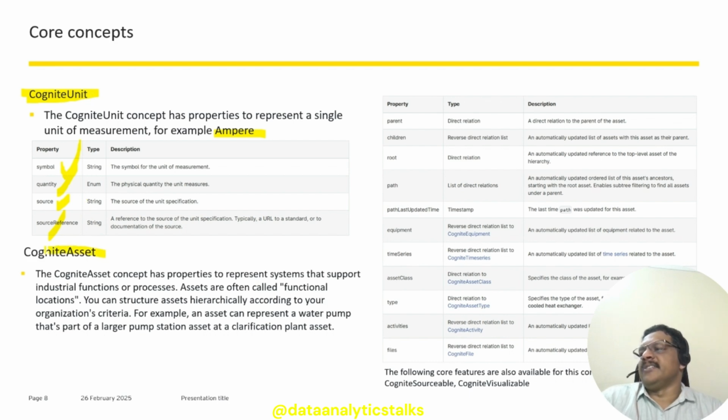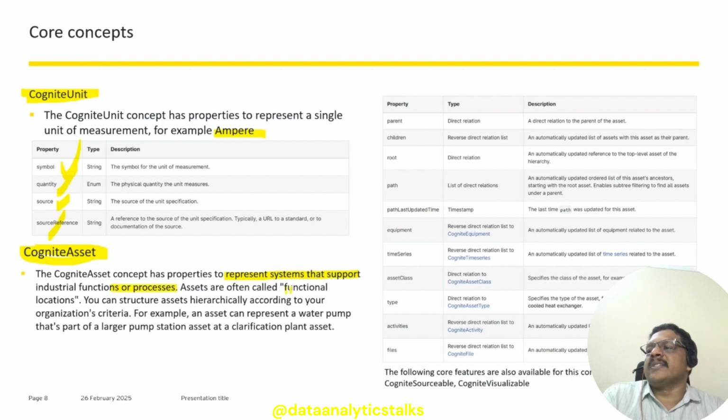Then Cognite asset, that's a very important concept. Basically, if you are working with the SAP system, like you have plant maintenance, we have the functional location. The functional location is mapped to Cognite asset. So it has properties to represent the systems that support industrial functions or processes.